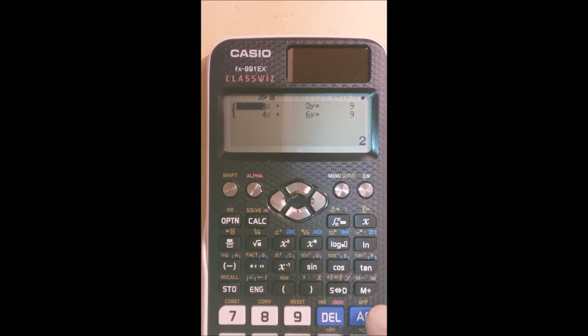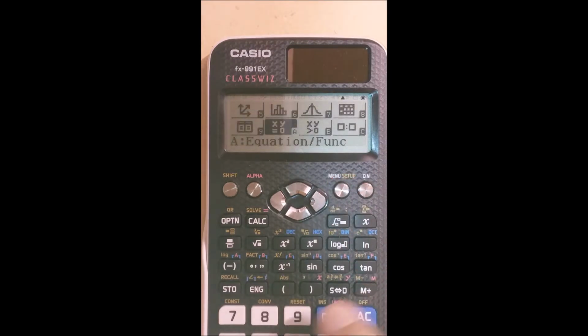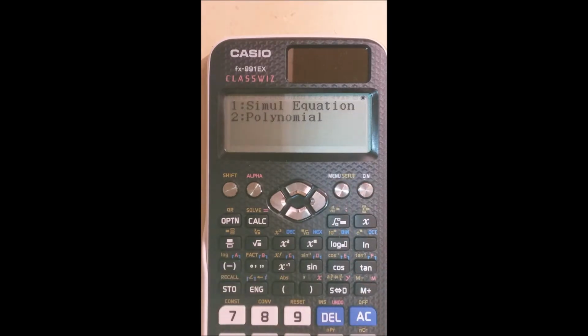I'm going to go to Menu again and A. You can see why I use Menu and A to bring this up. It's a lot quicker. And polynomials, and I'm going to pick the most common one, 2. This is where you'd use the quadratic equation. And I'm going to do something really simple here. I'm just going to use 1 for the x squared, and 0 for the x. It's already 0.